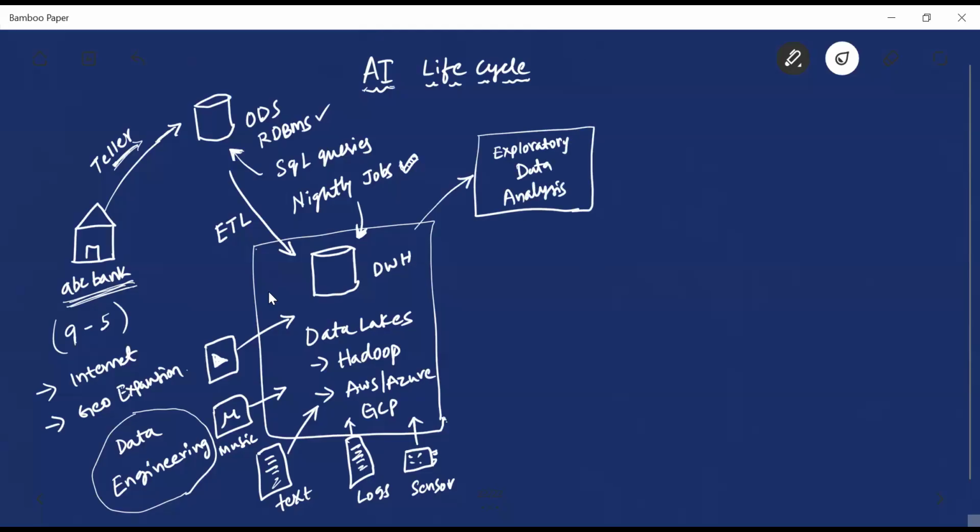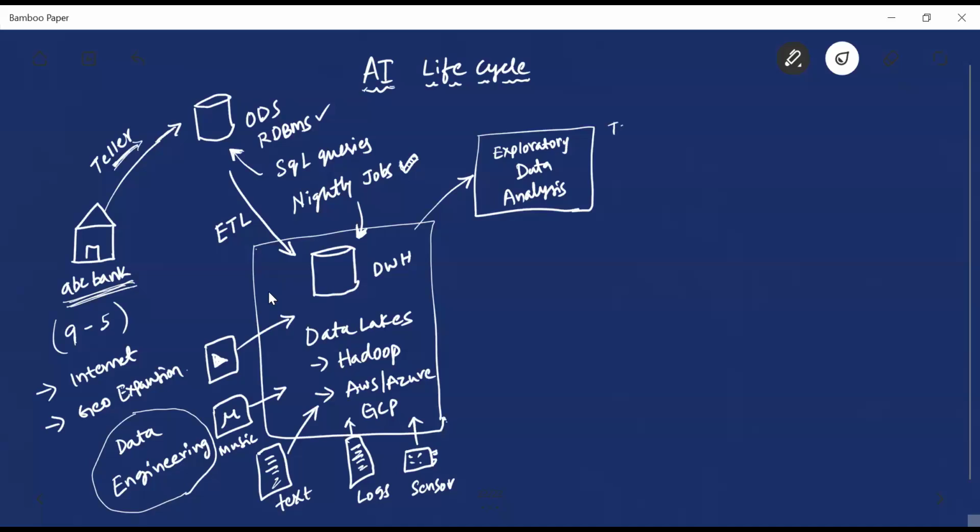In AI, this is very, very essential because we need to understand what the data is trying to tell us, right? What clues is the data trying to give us? All that information is important. And for that, we do exploratory data analysis.